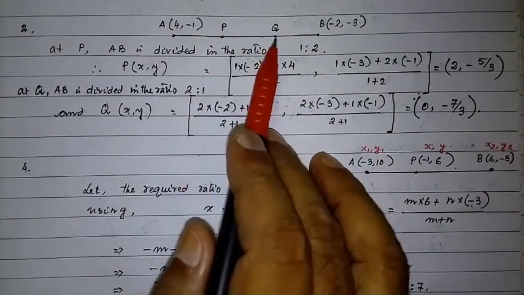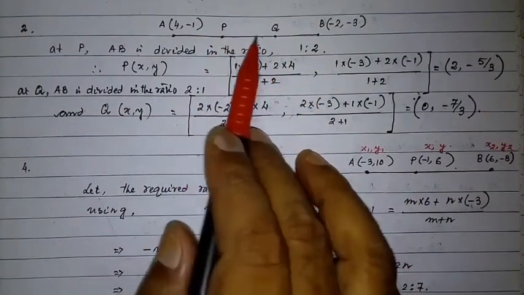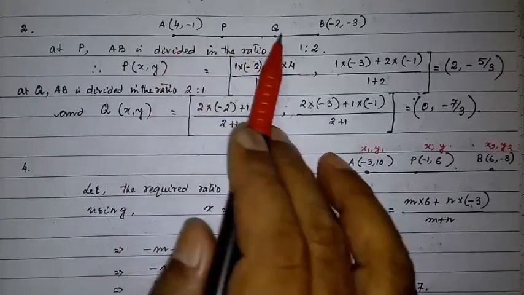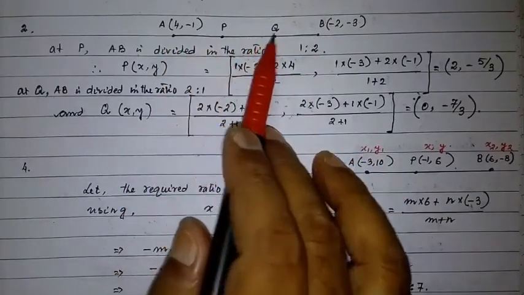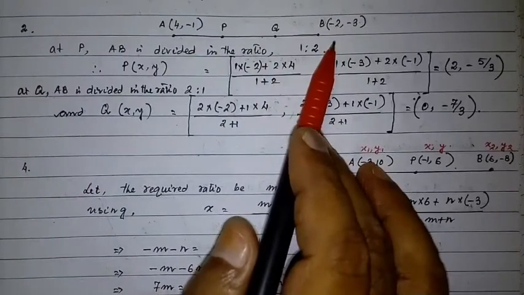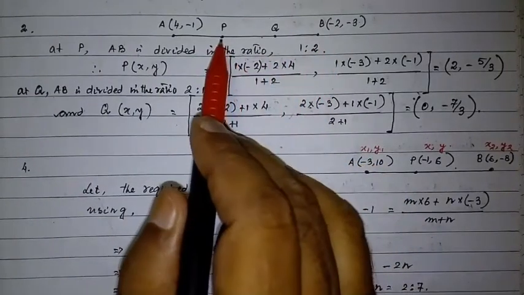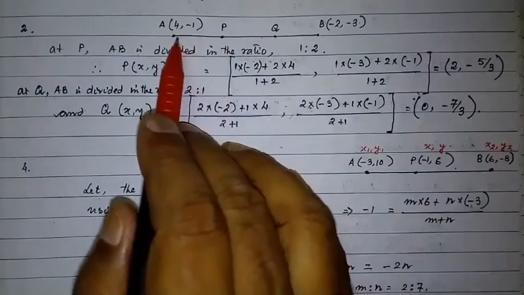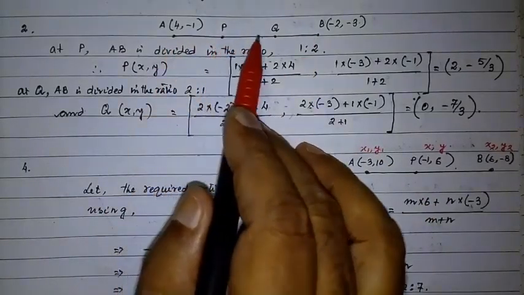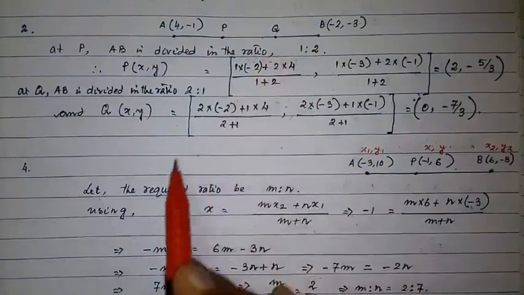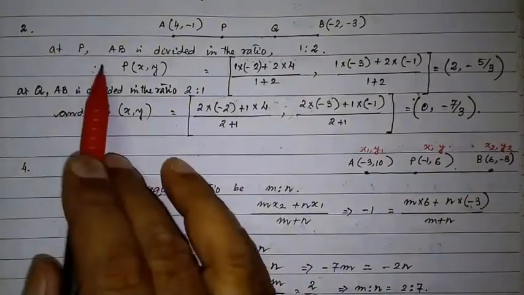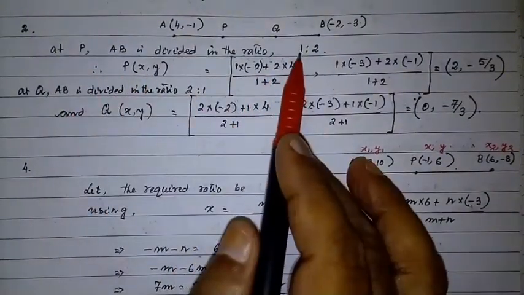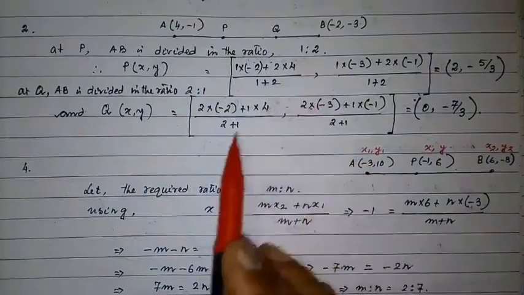Let P and Q be the points which divide the line segment AB in 3 equal parts, that is trisected. Now at P, the line segment AB is divided in the ratio, here 1 part, here there are 2 parts, so 1:2. That is, AB is divided in the ratio 1:2.